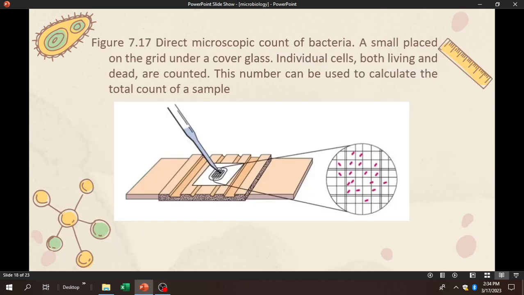Counting can be automated by sensitive devices such as the culture counter, which electronically scans a culture as it passes. Figure 7.17 shows the direct microscopic count of bacteria, a sample placed on the grid under a cover glass. Individual cells, both living and dead, are counted. This number can be used to calculate the total count of a sample.